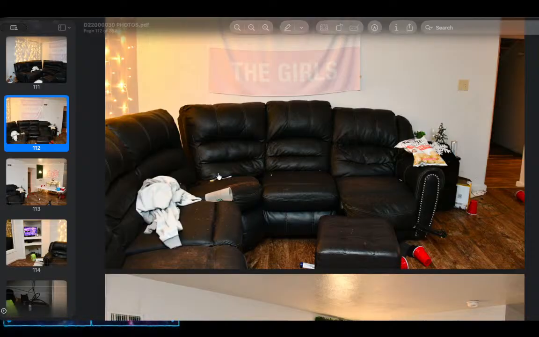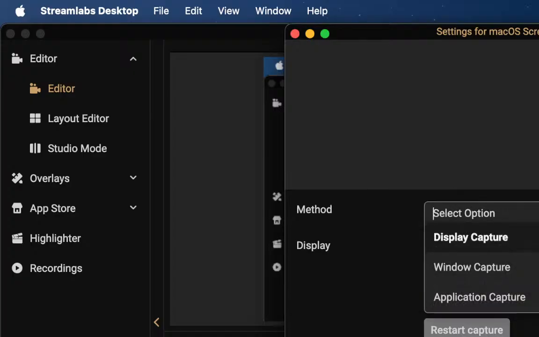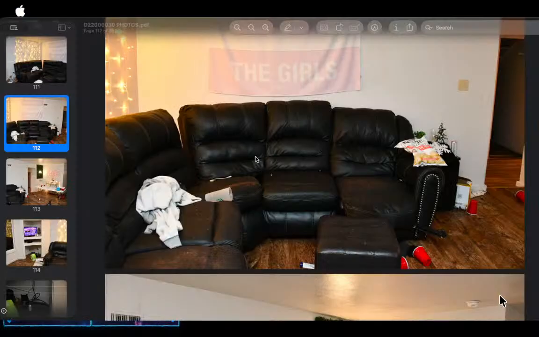Okay, so let's see if I can add this, add source. Oh, don't know what it's trying to find. Stop it.